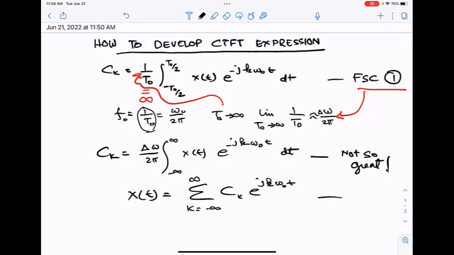This is Fourier series equation number 2. This is the time domain. This is the synthesis, and that's the inverse.